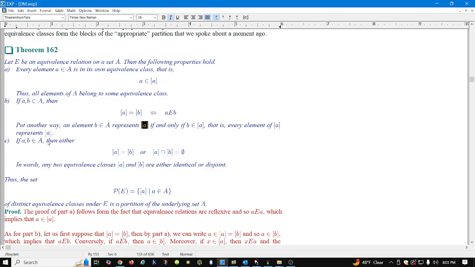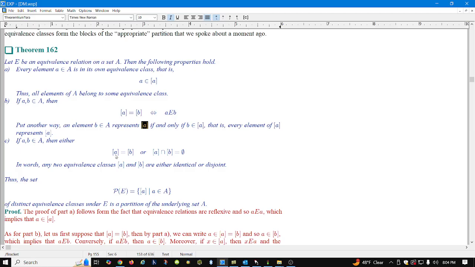Finally, if a and b are elements of the underlying set, then the equivalence classes they generate are either equal or disjoint. Two equivalence classes are equal or disjoint.